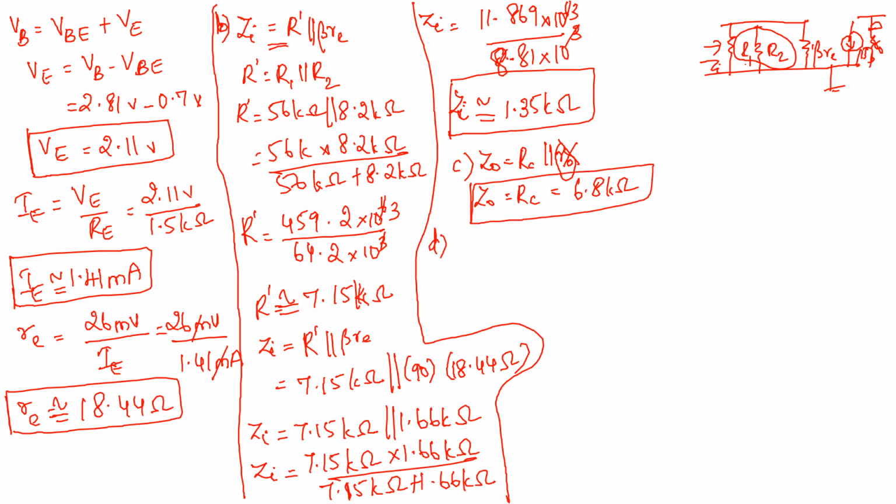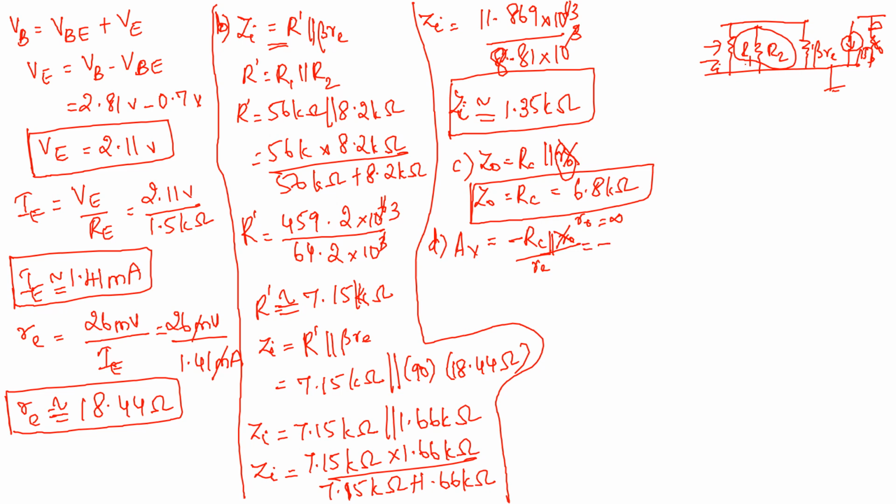Now D part. D part you have to find out AV. What is the assumption here? R0 is infinite, right? So the formula here is minus RC divided by RE. Original formula is RC parallel to R0. Since this is very high and it's a parallel combination, we are going to neglect it. So you will be getting minus RC divided by RE.